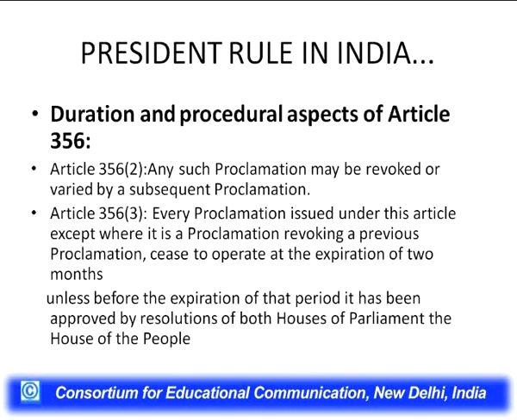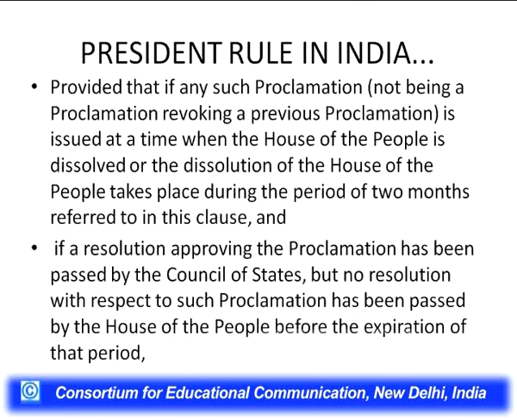But Article 356 clause 3 is a very important safeguard which has been provided to ensure a possible check on the misuse of the power with respect to the imposition of President's rule. Article 356 clause 3 provides that every proclamation issued under this article, except where it is a proclamation revoking a previous proclamation, shall cease to operate at the expiration of 2 months unless before the expiration of that period it has been approved by resolutions of both Houses of Parliament or by the Lok Sabha.